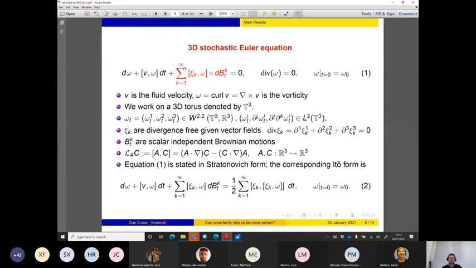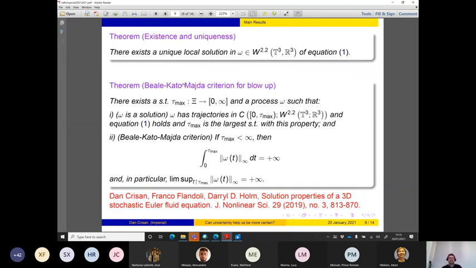Good. So the physics told us what the SPDE should look like. Now we put our hat of mathematician on, and we ask, is there a solution to this? And yes, there is. And if you want to see the details of this result, the paper appeared in 2019 in the Journal of Nonlinear Science, and is a joint collaboration between myself, Franco Flandoli, and Darryl Holm.